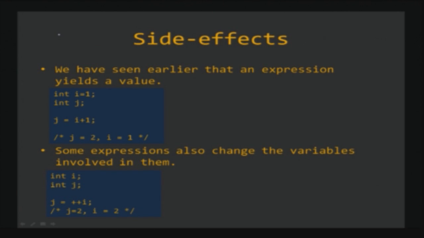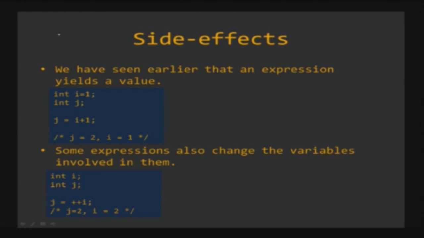Now, some expressions in C also change the variables involved in them. For example, if you have a code like int i, let us say i is initialized to 1, int j, and then you say j equal to plus plus i. In this case, you take the value of i, increment it, so you get i equal to 2, and then that incremented value is assigned to j.